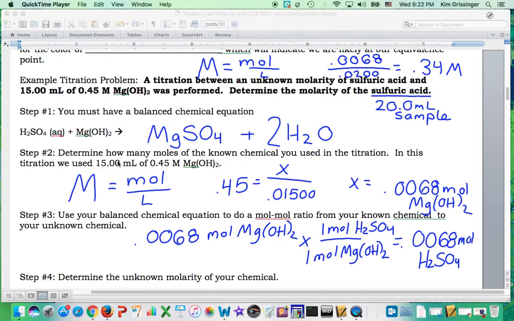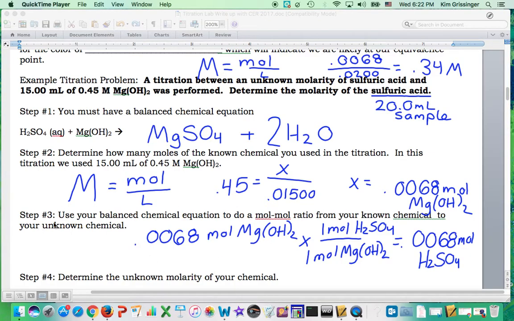So 15 divided by 1,000 is 0.0150 liters. Then you algebraically solve for x, multiplying both sides by 0.0150, and you get the moles of magnesium hydroxide. Remember, the whole point of a titration is that at the equivalence point, the moles of your magnesium hydroxide stoichiometrically match the moles of your acid.